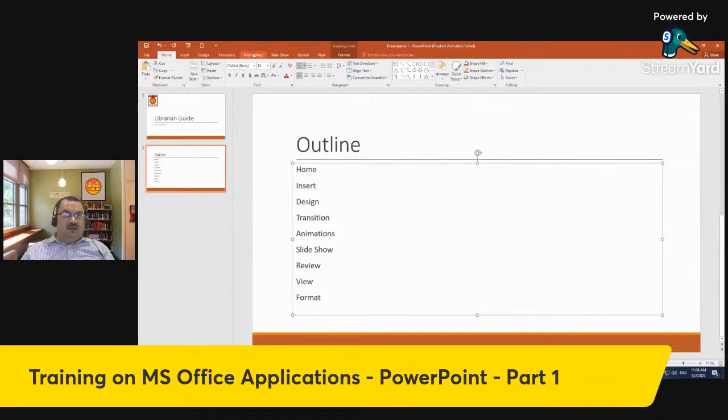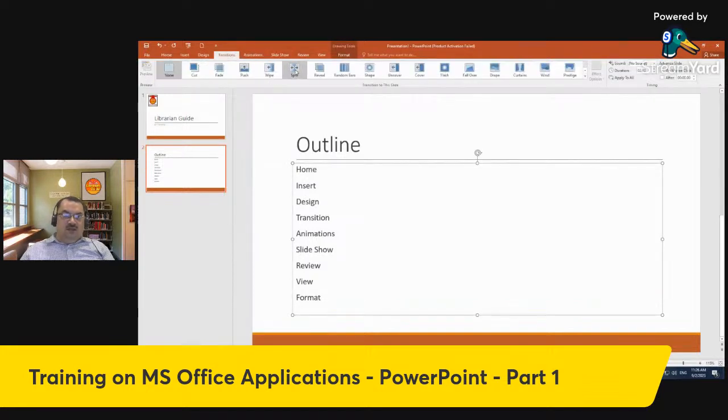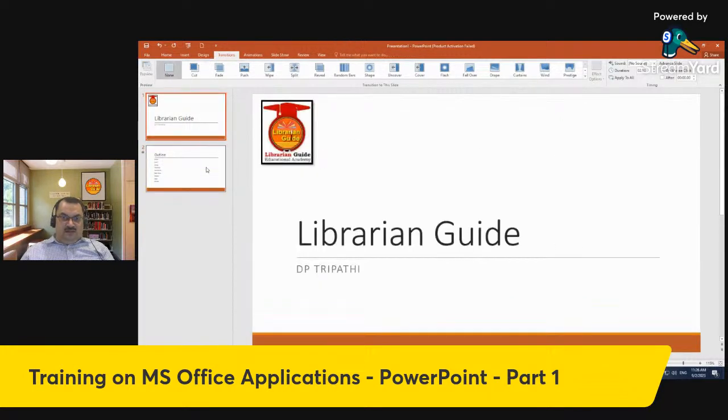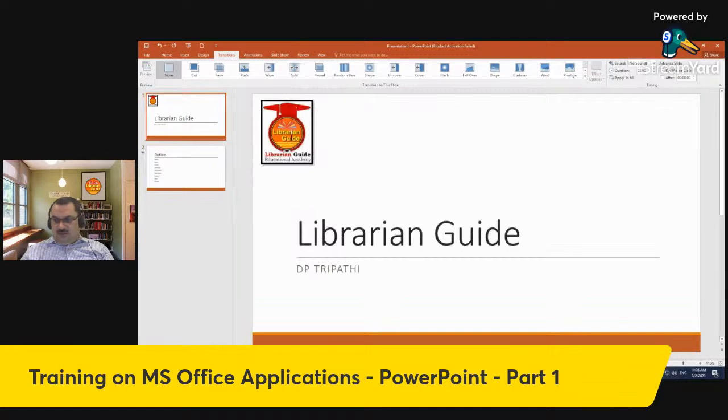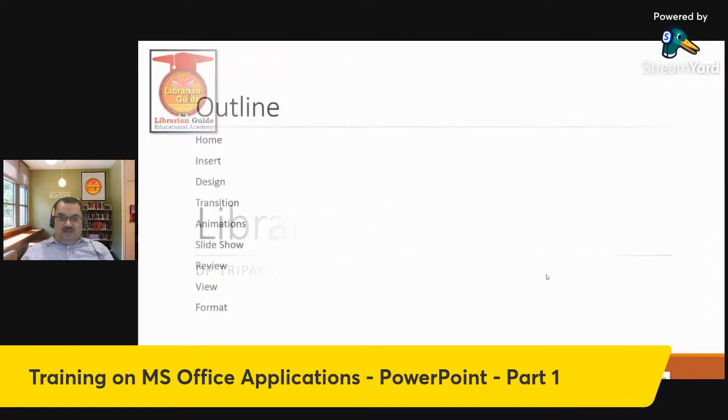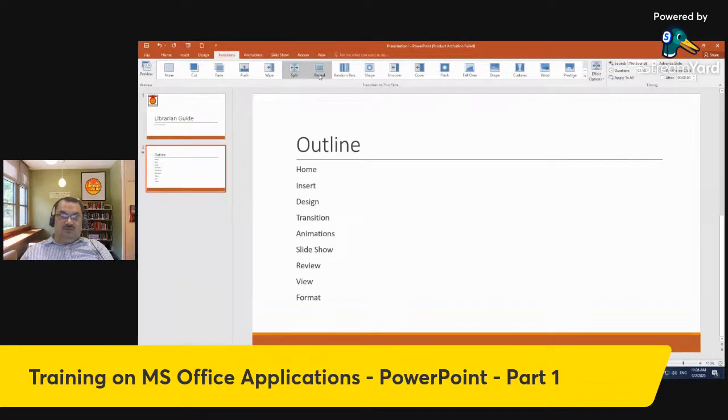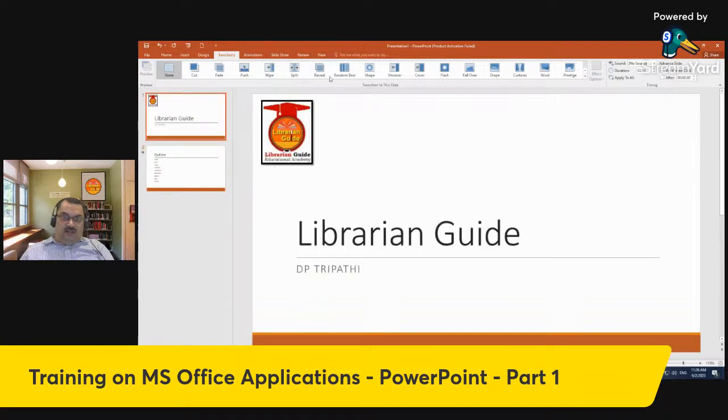For the transition, when you see the option for transition, it allows the slide to appear in different ways. Let's say I take this one, split, and run my PPT here. When I click on this, you see it is moving in this way. So this is the transition. When you apply it on any slide, it will just blink, or do whatever option you have chosen, and it will open in that way.